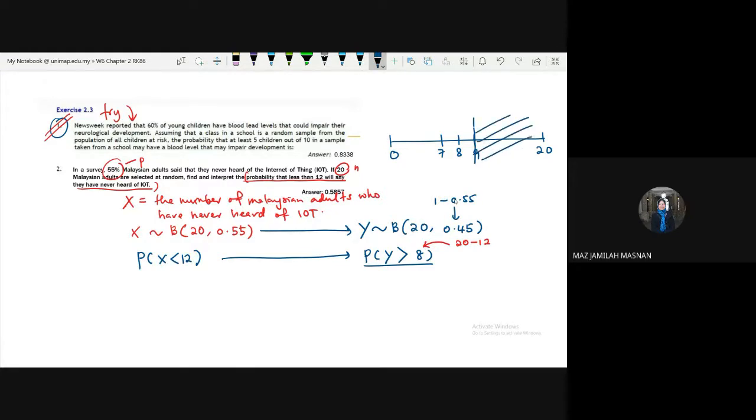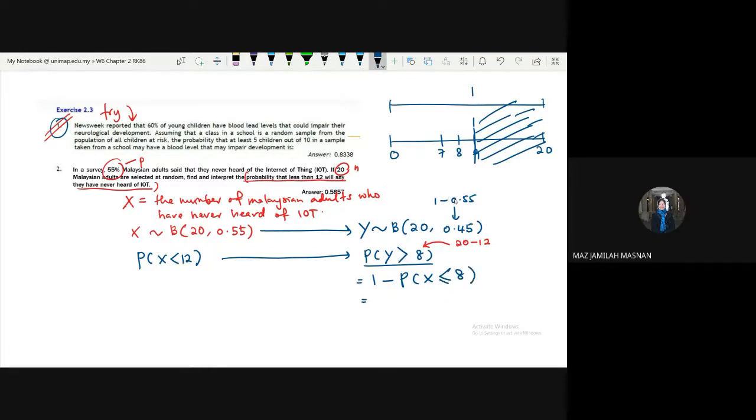We are talking about this region, the probability value that we are looking for. The whole probability here is 1, so it will be 1 minus P(Y less than or equal to 8), since 8 will be included in your calculation.